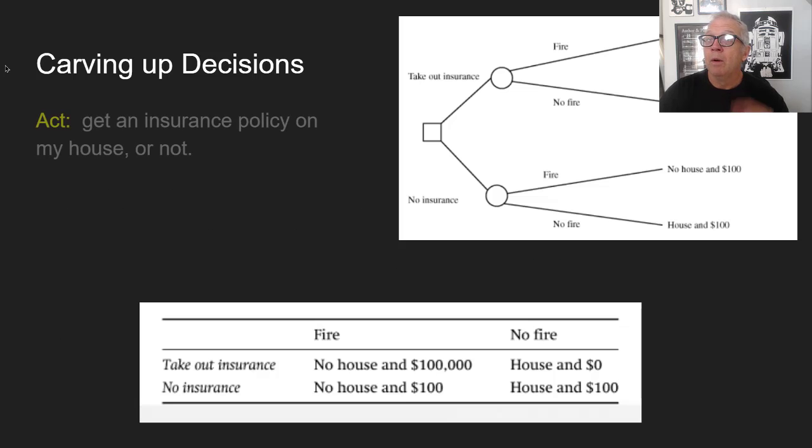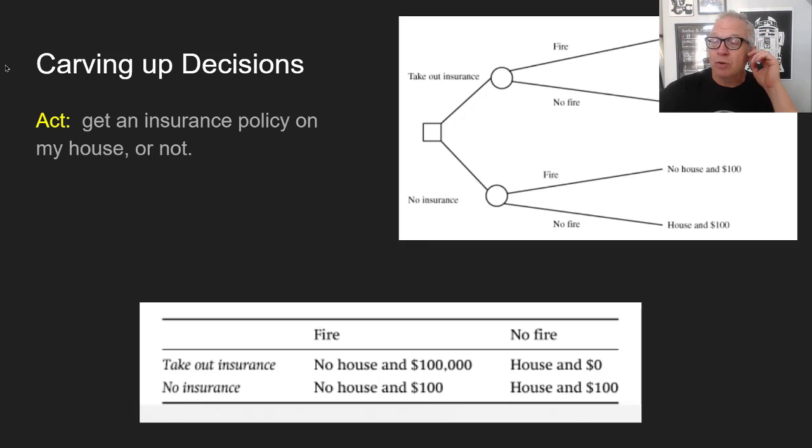Here's another one. Consider the action, get an insurance policy on your house or don't. The matrix at the bottom puts it into the cell form. But it's also possible, and in many decision theory textbooks or articles, people have adopted a convention of drawing decision trees, which can capture all of the same information.